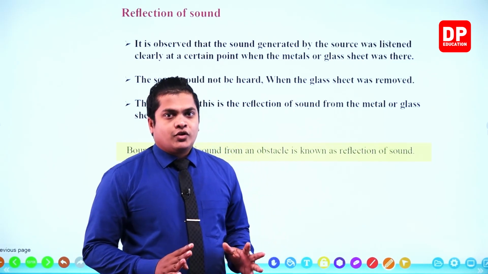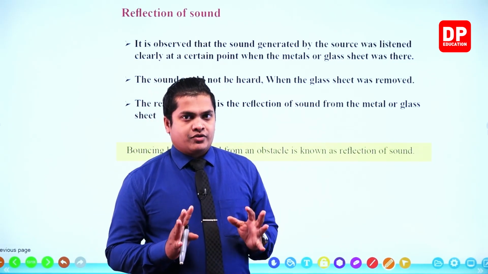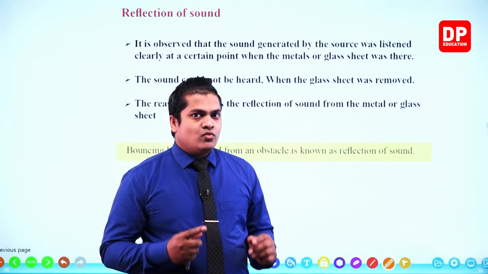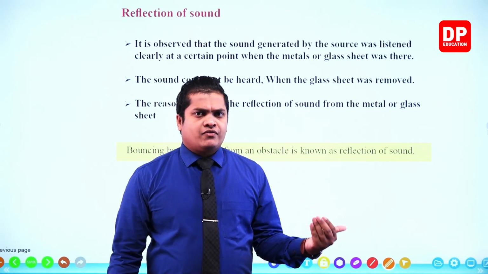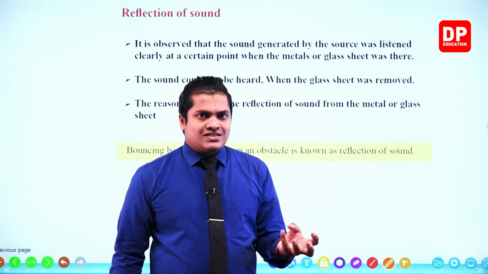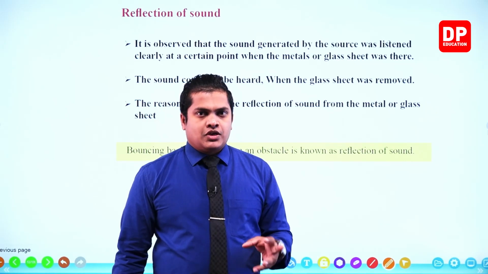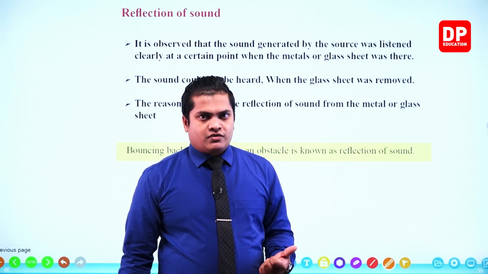Right, my dear children. So this is what we mean by the reflection of sound. I hope that you got a good idea about it. Once again, what do you mean by the reflection of sound? The same thing that happens for light rays. Here, the sound waves strike a certain object and bounce back in a certain direction. This is referred to as the reflection of sound.